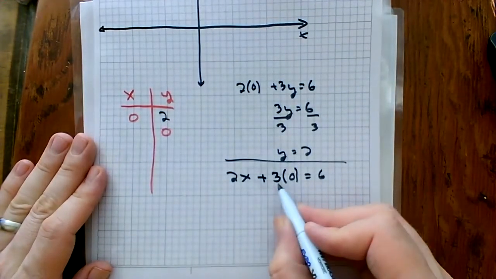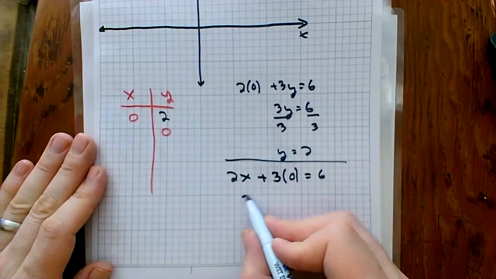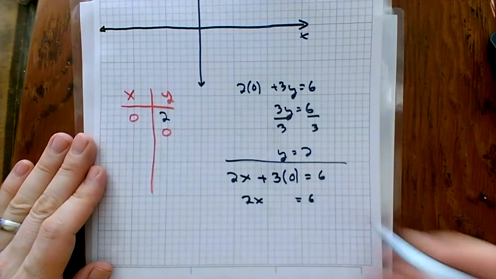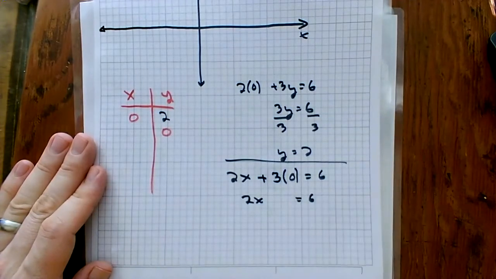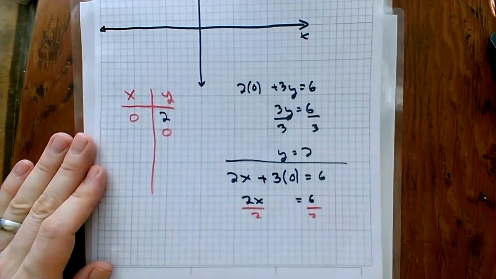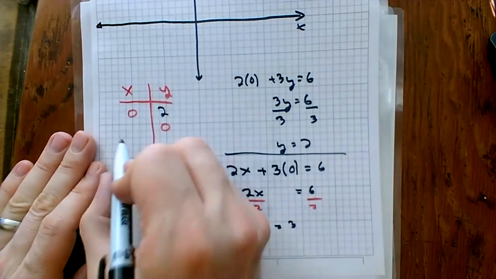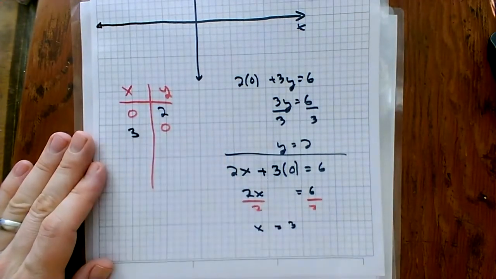Well, since 3 times 0 is just 0, I'll just have 2x on this side. So I'll have 2x is equal to 6. So when I solve this, I'll divide both sides by 2. And I'll end up with x is equal to 3. I've already got 2 points right there.